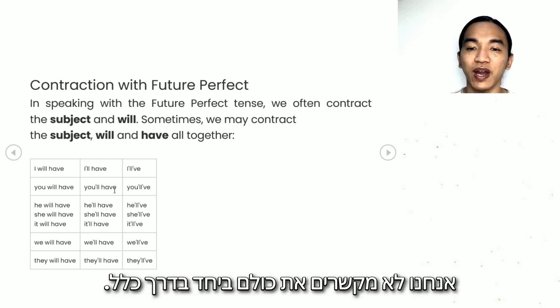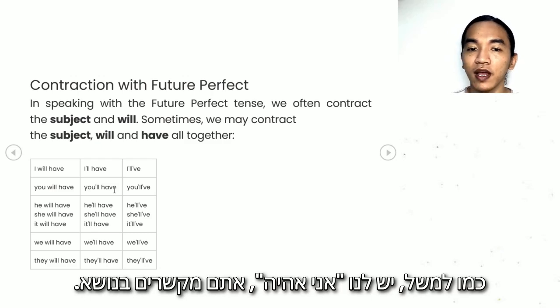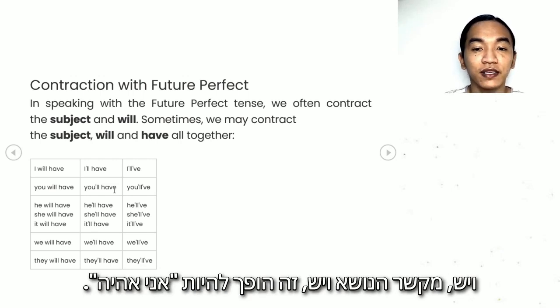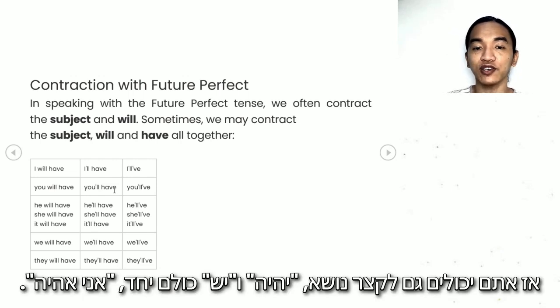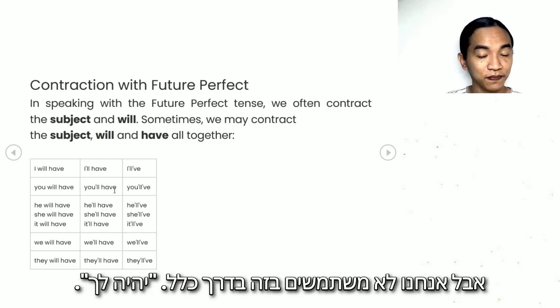Okay? We do not contract them all together normally. Like for example, we have I will have, you contract the subject and will, it becomes I'll have. Okay, so you can also contract subject, will, and have all together, I'll've. Okay, but we don't use that normally.